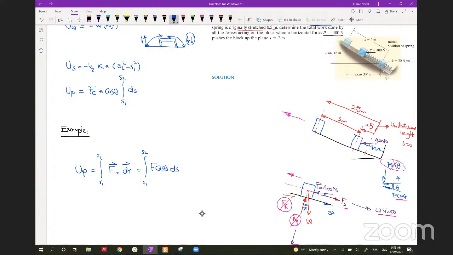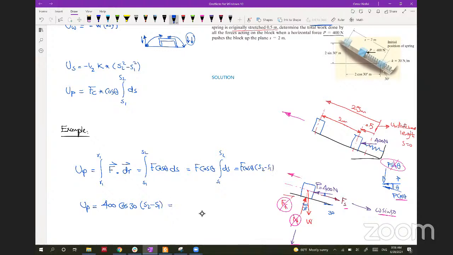We know that F is constant, so U_B will be equal to F, which is 400, cosine 30, and ds will be S2 minus S1, because if we take all of these outside, cosine theta, the integral of ds from S1 to S2 gives F cosine theta times (S2 minus S1).